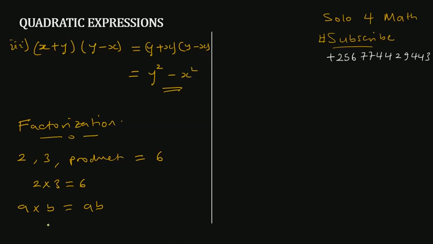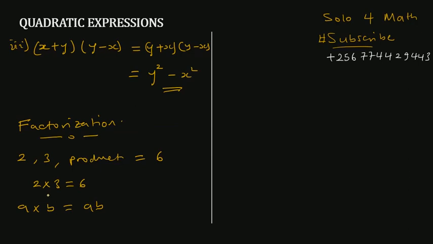So in order to factorize an algebraic expression, we find the factors of the expression that is given. That is what you need. For example, if you want to factorize this, you need to find the factors of ab. That's why we say factorization. You factorize, find the factors. If you were to factorize 6, find the factors of 6, then we get 2 times 3. So you will have factorized here.